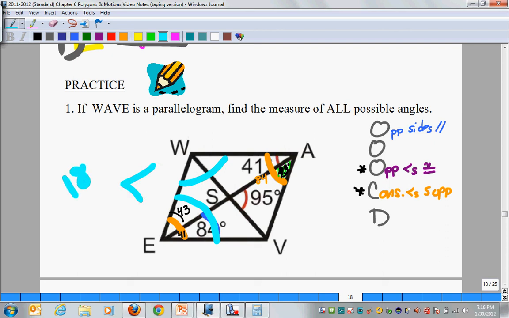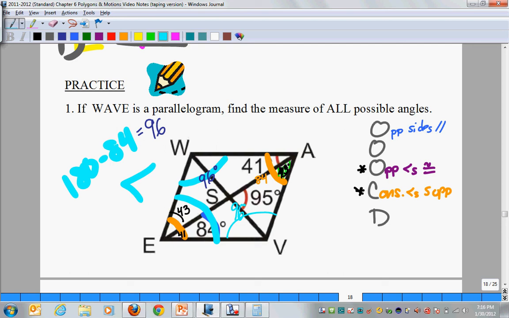So we're going to go 180 minus 84, and of course that's going to give us 96. So this whole angle right here is 96 degrees. Which means this angle over here, this whole one here, also must be 96 degrees.